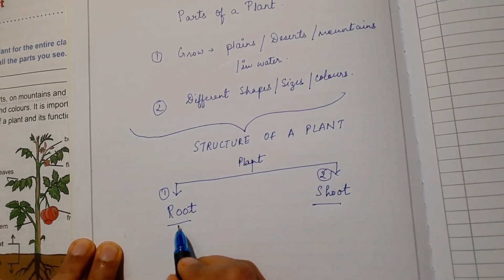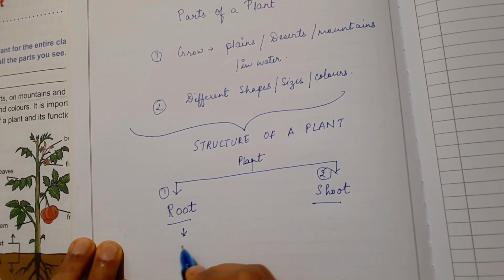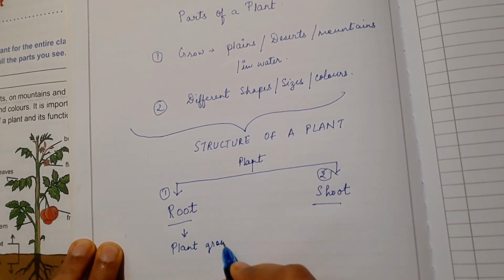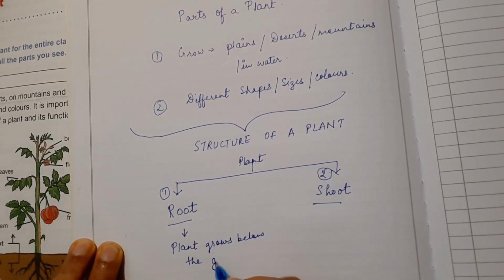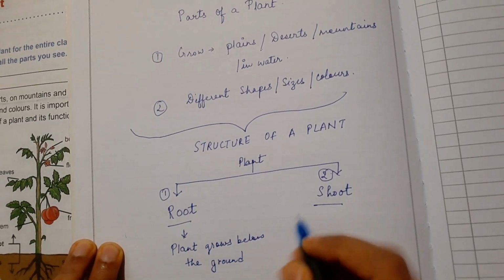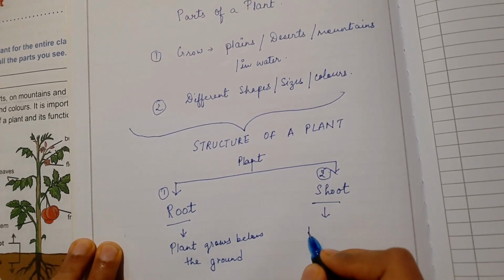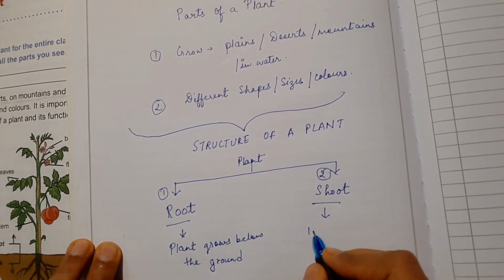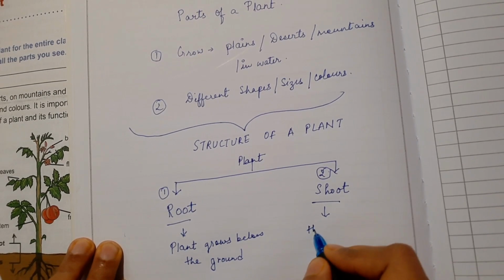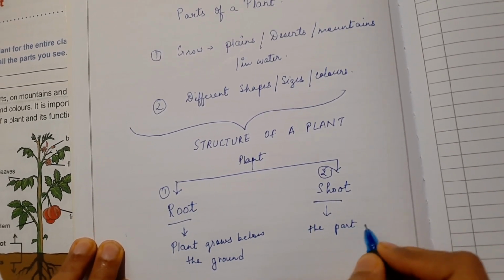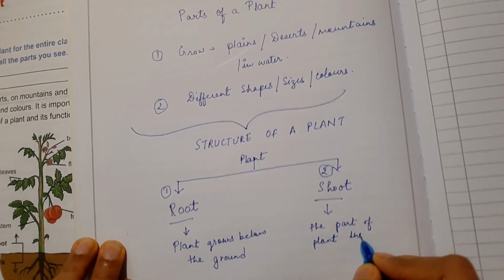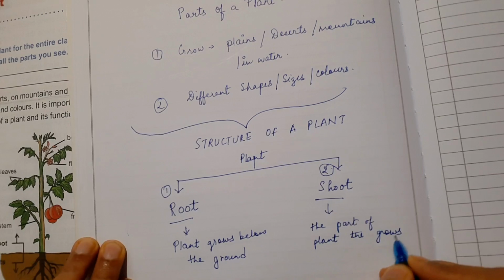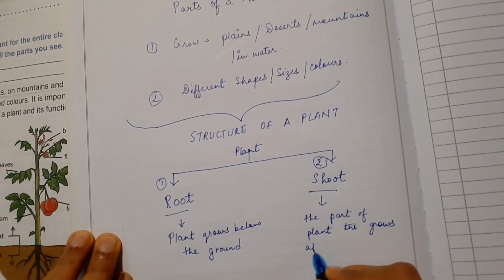So root is the part of the plant that grows below the ground. Okay, now shoot is the part of the plant that grows above the ground.